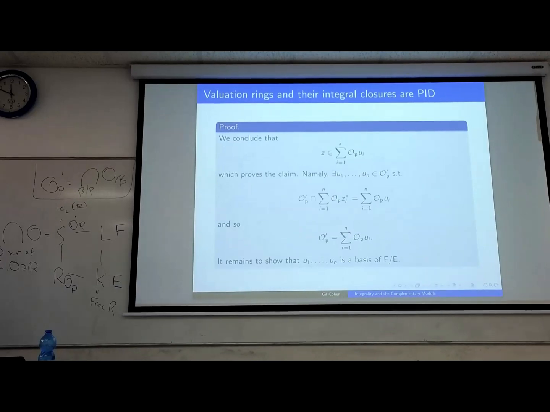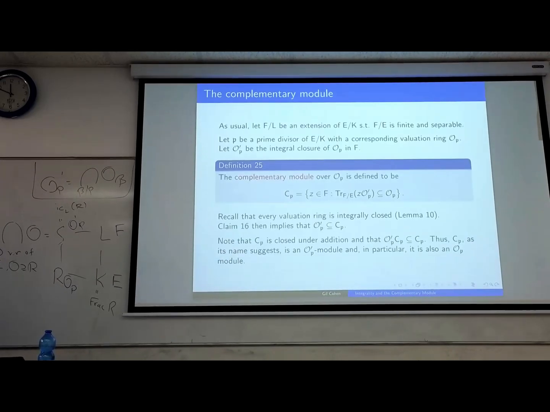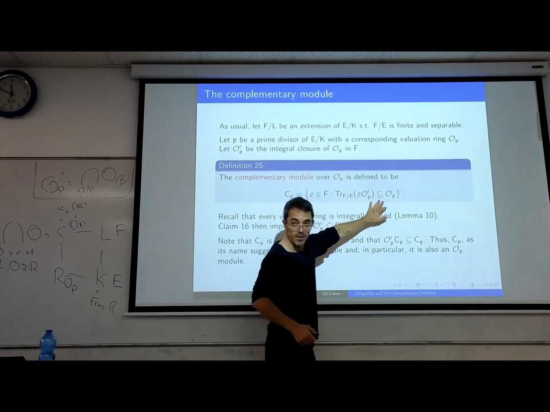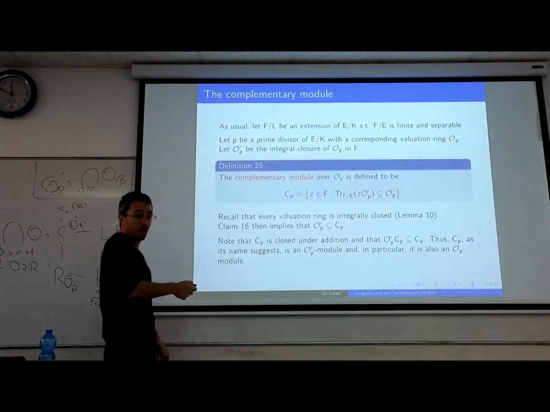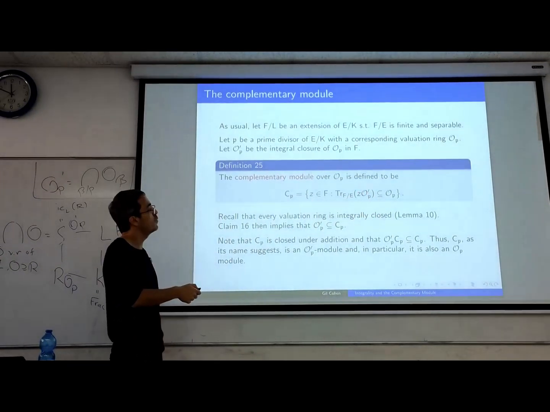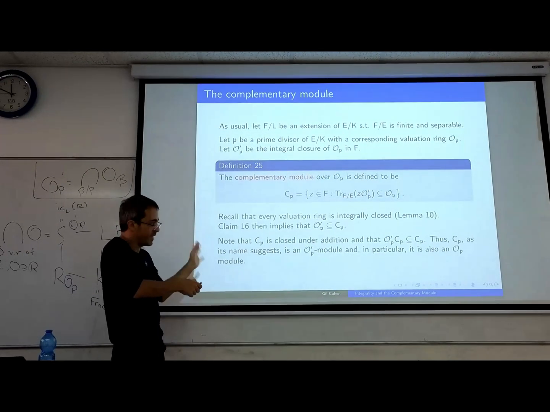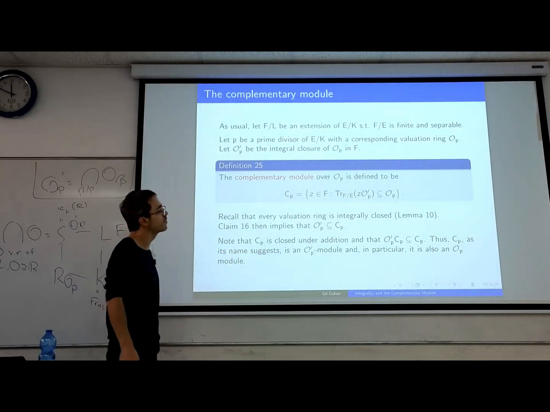We skip most of it. So 1 satisfies that, because the trace of O prime P is OP. And actually, every element in O prime P satisfies that. Because if you plug in Z, which is in O prime P, you get some element here, which is in O prime P, no matter what element you choose here. And then, by the same reason, it will trace down to OP.